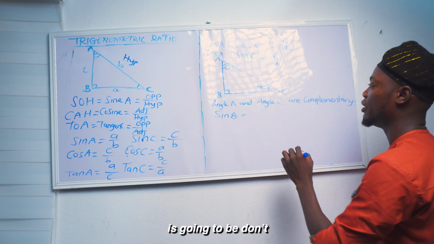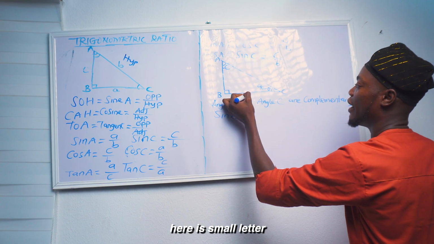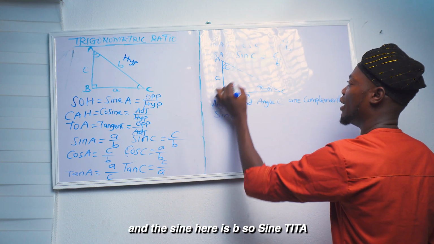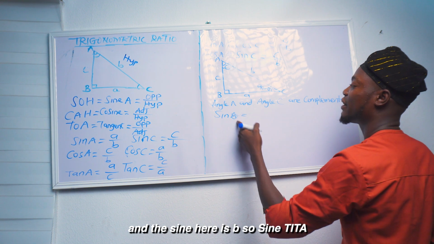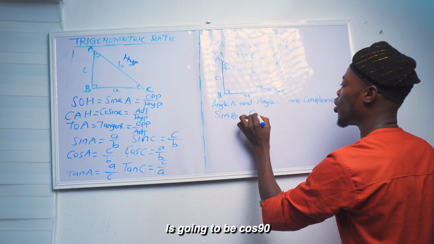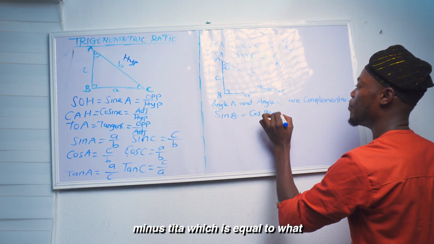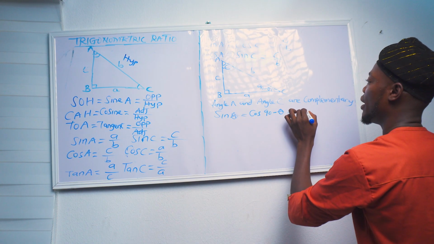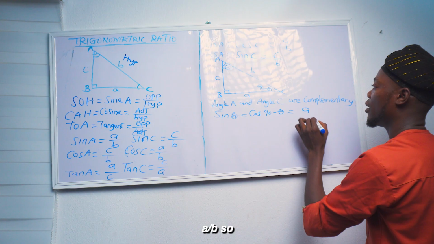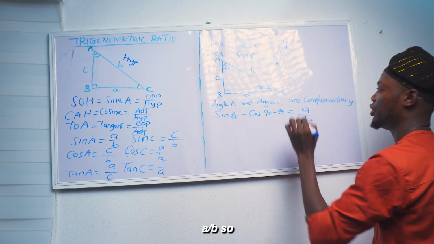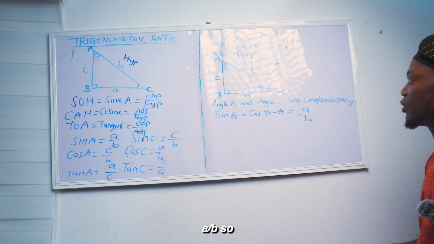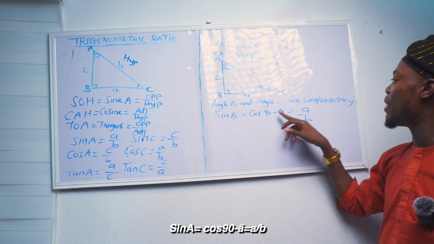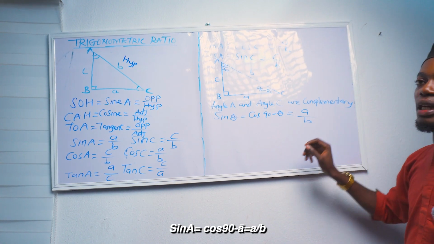Don't forget, the side here is small letter A, the side here is C, and the side here is B. So sine theta is going to be cos of 90 minus theta, which is equal to A over B.